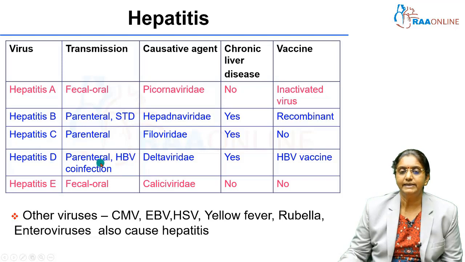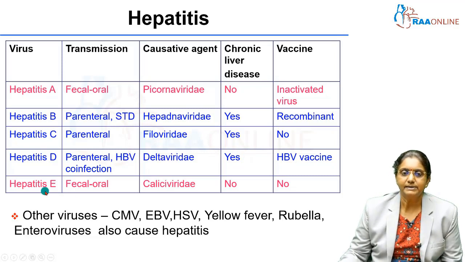Hepatitis D, you can also say Delta virus, D stands for Delta, you can also think of it as a dependent virus and a defective virus, meaning it depends on hepatitis B virus to cause the infection. So only when there is either a simultaneous or a prior hepatitis B virus infection, this hepatitis D virus can cause an infection in those people. So the vaccine against hepatitis B virus will also protect against hepatitis D. And this also can lead to chronic liver disease.